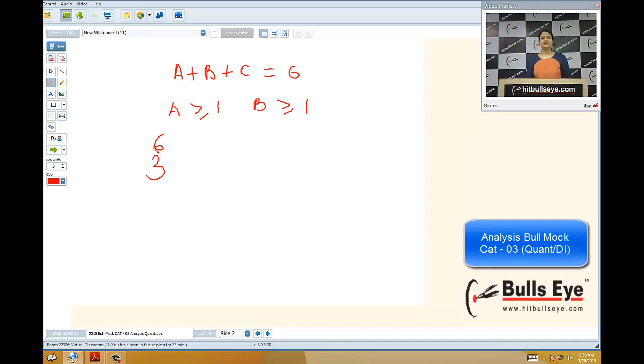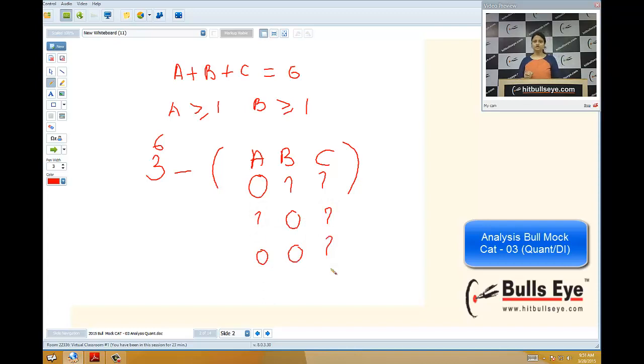So there are 3 raised to power 6 choices. But this includes those cases in which A is getting 0 books, B is getting 0 books, and both are getting 0 books. So we want to subtract those cases.